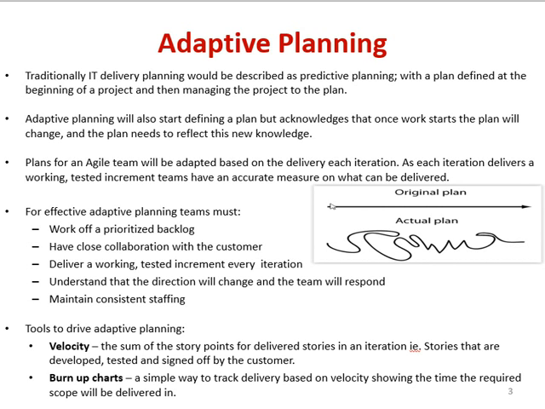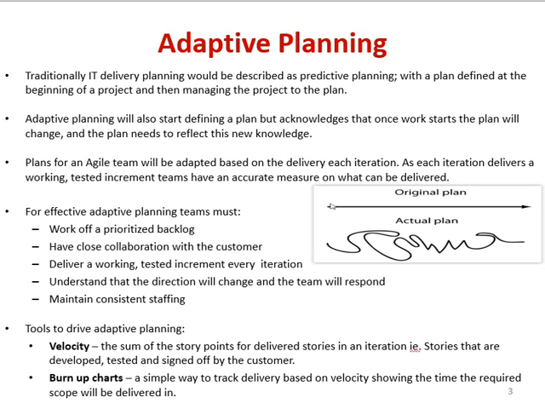Traditionally, IT delivery planning would be described as predictive planning, but now in agile it is adaptive planning. What exactly is predictive planning? The plan is defined at the beginning of the project and then the project is managed to the plan. So in predictive, we create a plan at the beginning and follow that plan only to deliver the project.